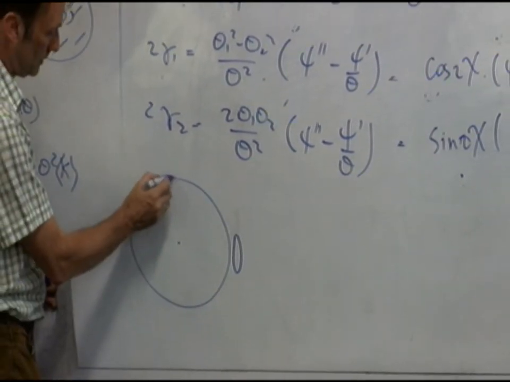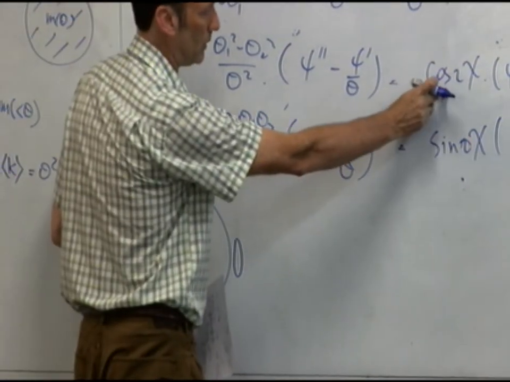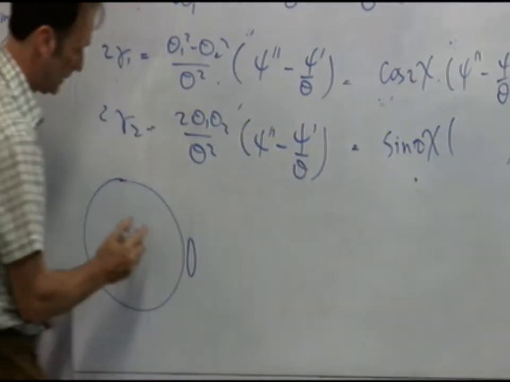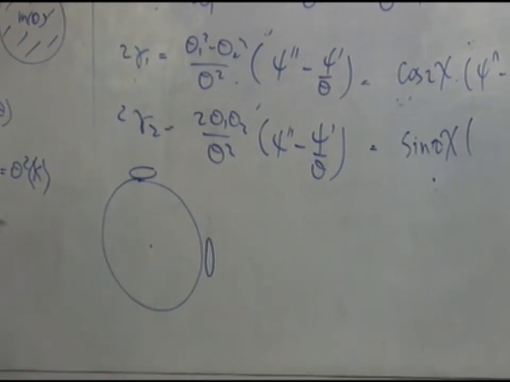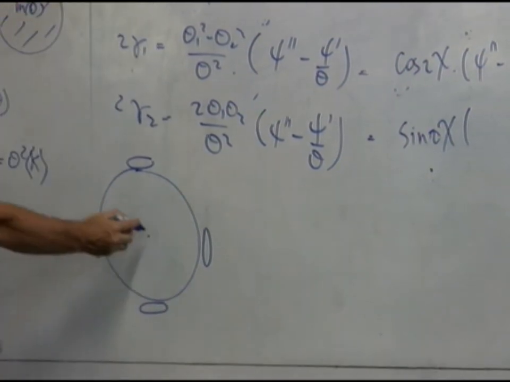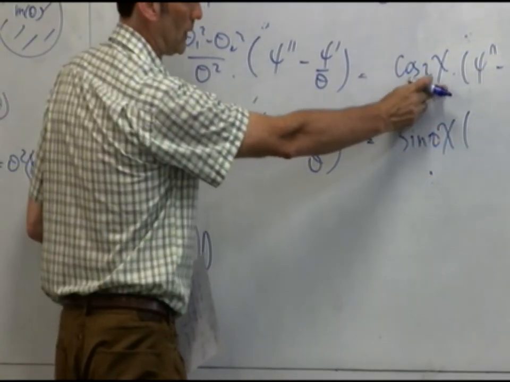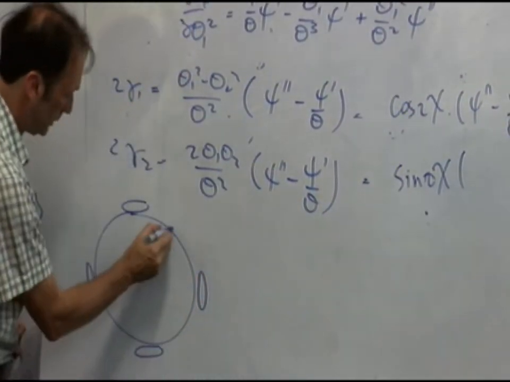Up here, chi is equal to 90 degrees, so 2 chi is 180, so here you change the sign of gamma 1 and gamma 2 still stays 0. So that gives you a shape like this. And then here we go back like this, and here we go back like this. And in between at 45 degrees, cos of 2 chi is 0, so gamma 1 is 0, and sine of 2 chi is equal to 1, so then you just have the gamma 2 term.